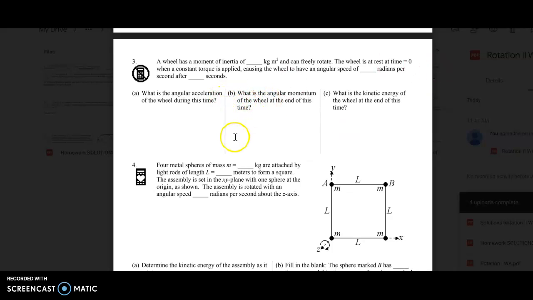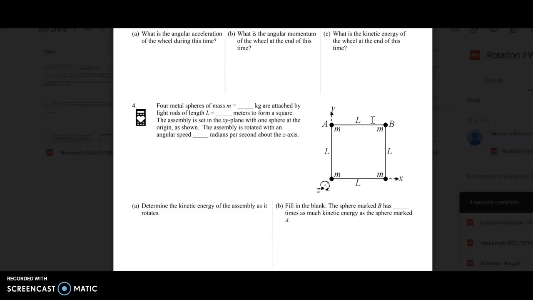Linear momentum P equals mv, so angular momentum L equals I omega, so that's one way to go. And the other thing is that angular momentum L equals R cross linear momentum, or RMV, if R and V are perpendicular to each other.